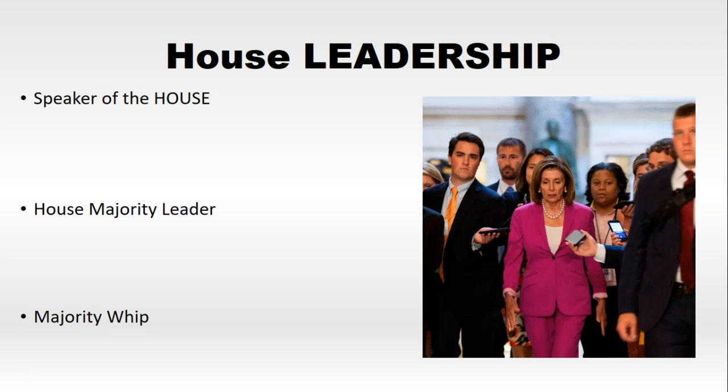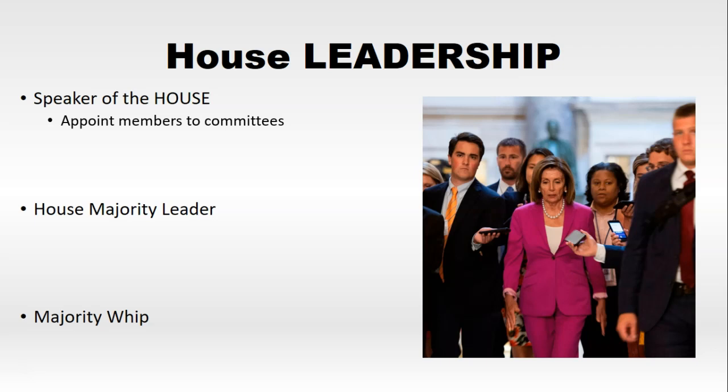So one of her main roles as Speaker of the House is she is in charge of appointing members to different committees. Now, committees within the House are there to help review legislation, change legislation, and things of that nature. So let's say, for example, that you're a member of the House of Representatives and you have been put on a committee that has to do with education.